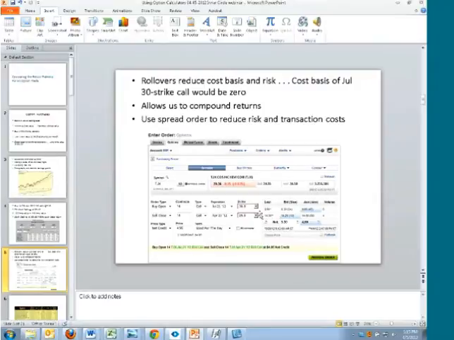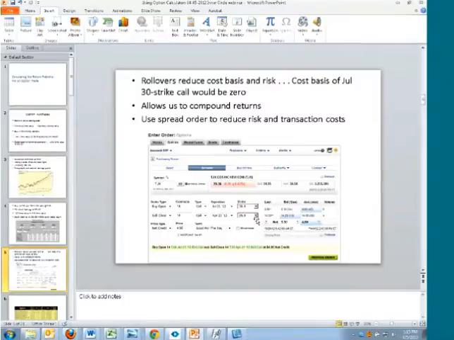So you could roll over into this July 30 option with no risk at all, because the proceeds from the sale of the 25 call will more than cover the cost of the new option. So that's an example of how you can reduce your risk going forward and compound your returns.